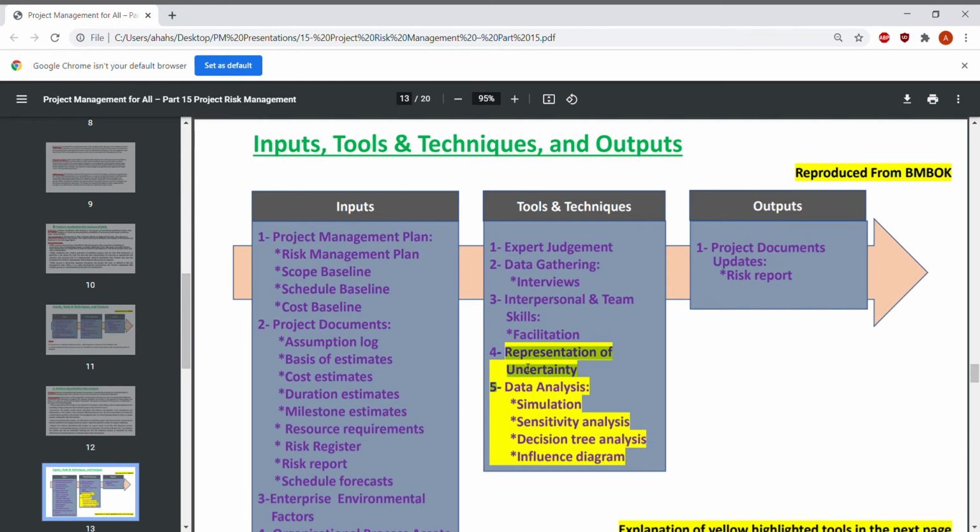I will talk about those highlighted in yellow in the coming section of this presentation. The output of this process is the project documents updates. So we need to update the risk register.